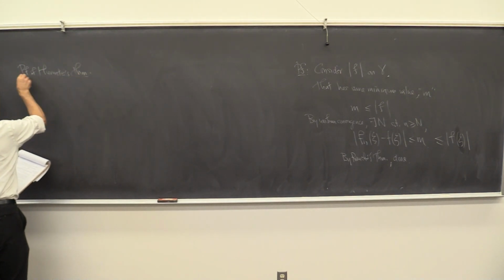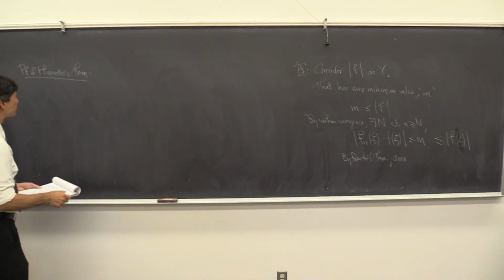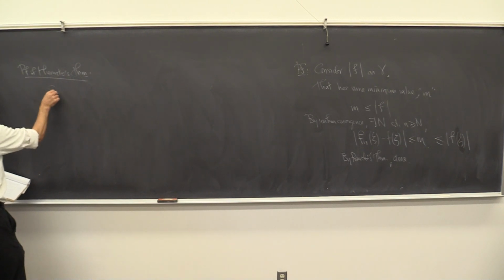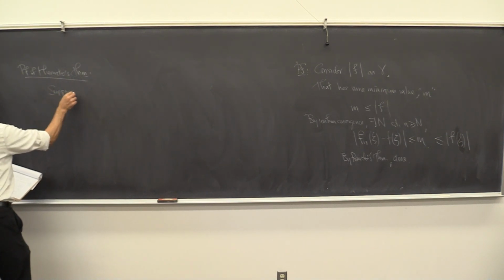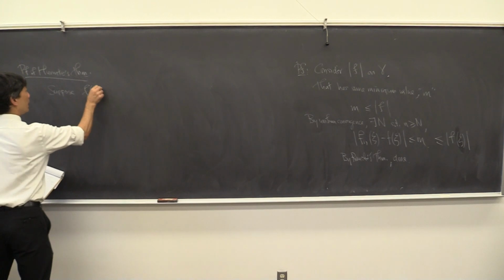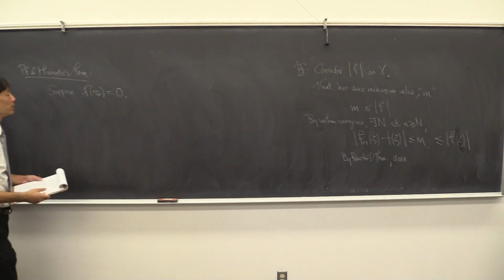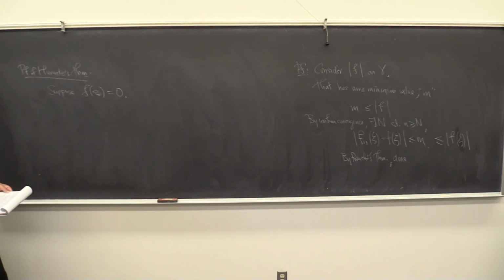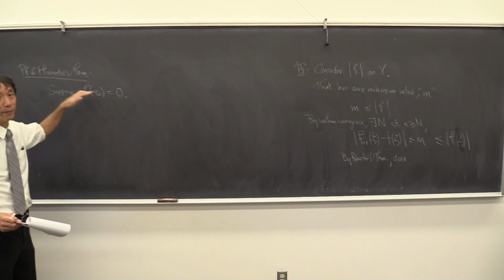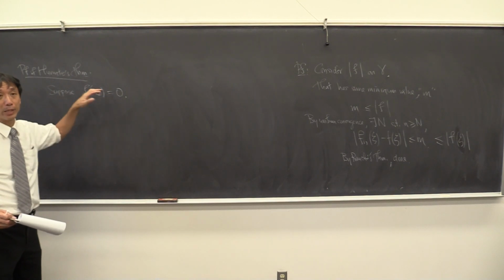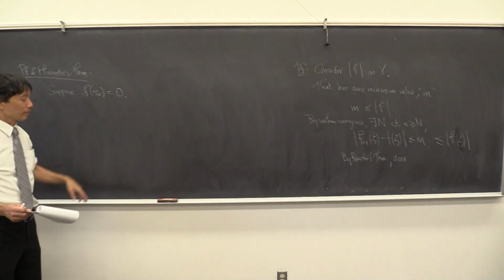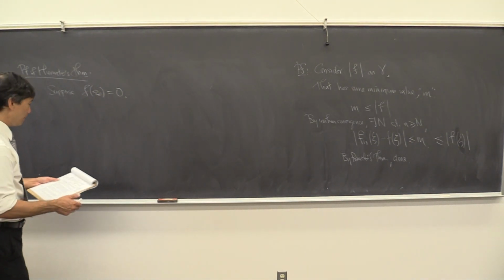Suppose, and the way that we need to prove it is, we only need to prove one direction, right? The direction that if there is such a zero, then we can create our sequence of zeros.